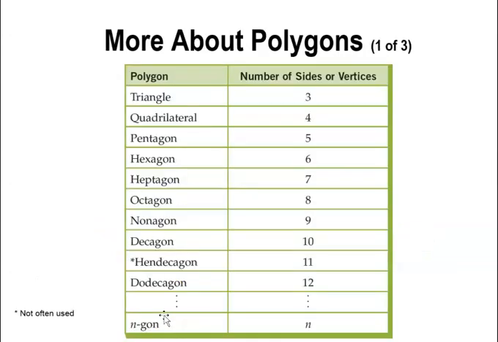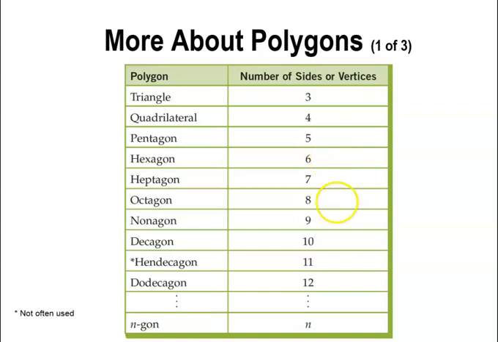All right, more about polygons here. You've heard this before. A triangle has 3 vertices and 3 sides. A quadrilateral has 4 vertices and 4 sides. Remember, what are vertices? Those are your corners, right? And you know what sides are. Pentagon has 5 vertices and 5 sides. Hexagon is 6. Heptagon is 7.